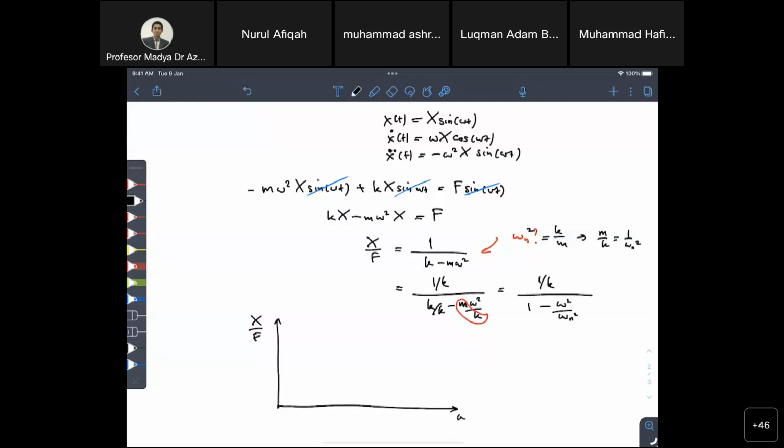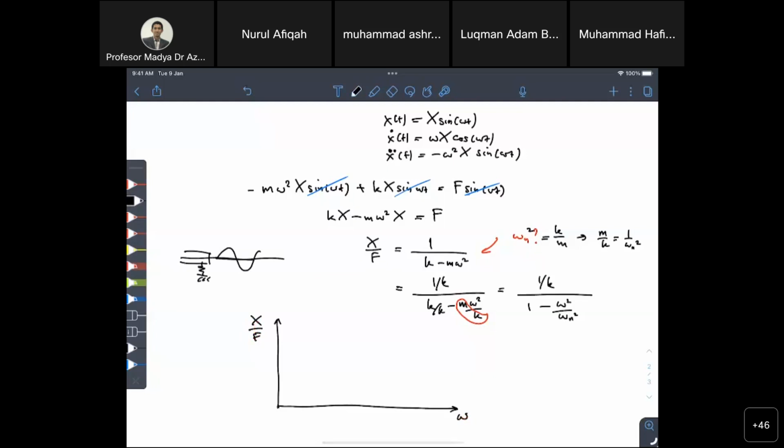Okay, so we want to plot it in terms of frequency, and here because of vibrations, we don't care whether the piping is going up or going down.